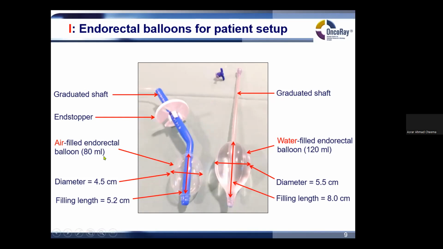Air-filled endorectal balloon had a smaller volume, while the volume filling of water-filled endorectal balloon was higher. Both the diameter and filling length of air-filled endorectal balloon were also smaller than the water-filled endorectal balloon, from which it was hypothesized that the water-filled endorectal balloon will give smaller prostate motion.